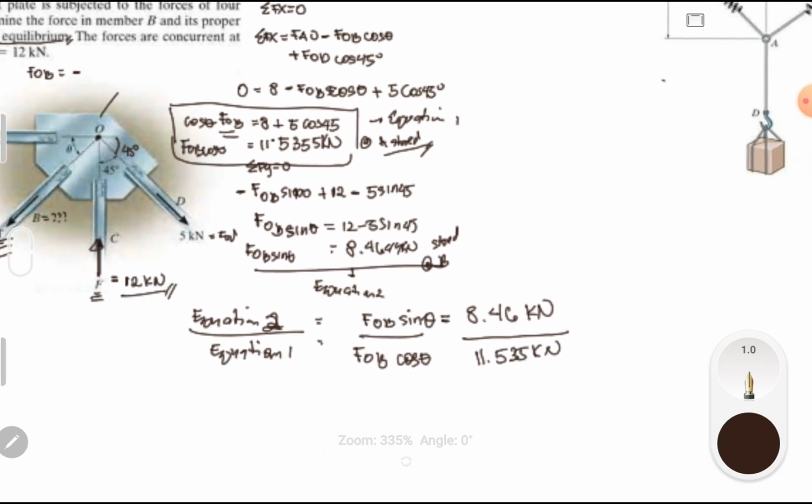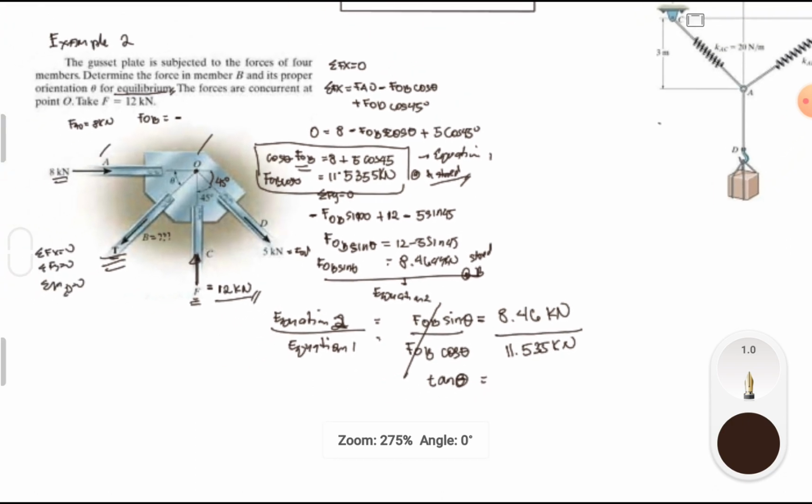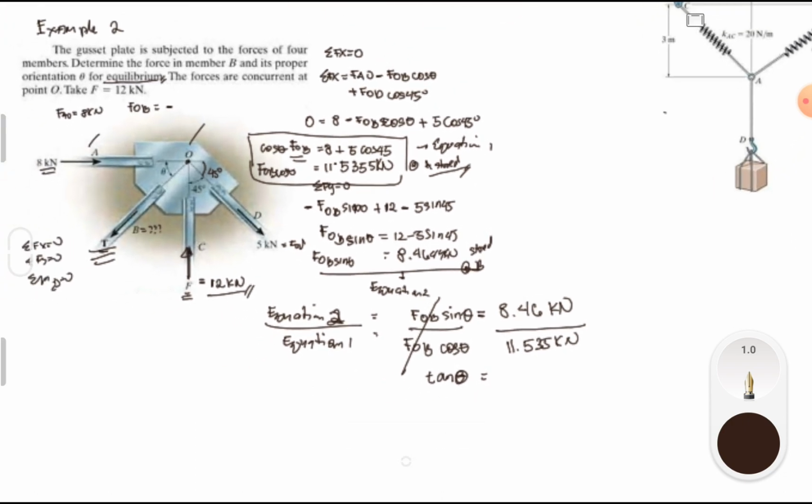Okay? Cancelling out your FOB, we'll have a value equal to sine theta divided by cosine theta. So we'll have tangent theta, which is equal to 8.46, or your alpha B, where you stored your B, your 8.46, and then your alpha A, where you stored your first equation, or the 11.53. So we'll have a value equal to 0.7337. Kilonewton divided by kilonewton is equal to 1.